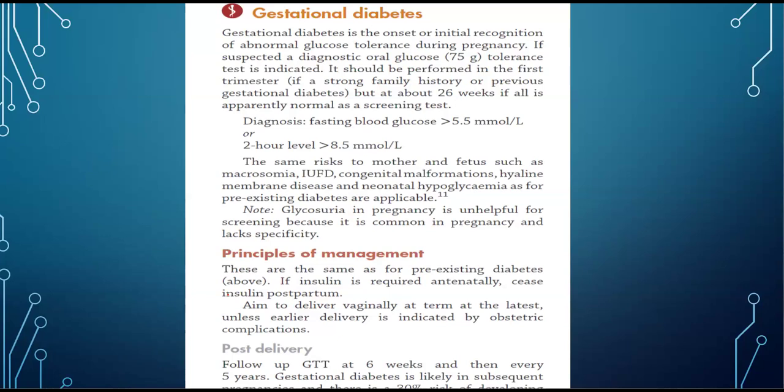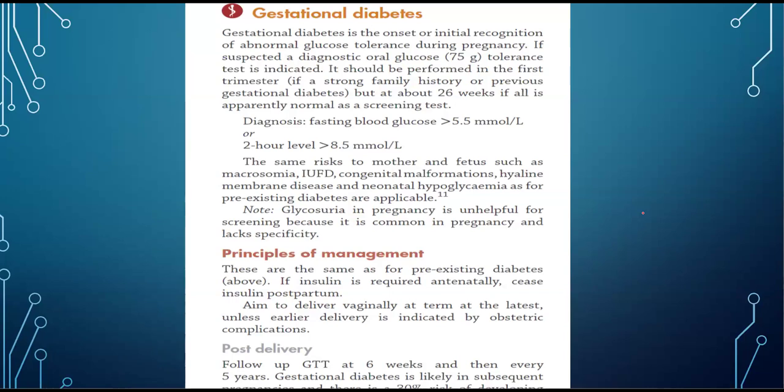Very important topic for exam is gestational diabetes. Gestational diabetes is just like pregnancy-induced hypertension: it is when a patient gets diabetes for the first time during pregnancy. Before pregnancy, the patient did not have any diabetes, but if you diagnose them with diabetes during pregnancy, that's gestational diabetes.